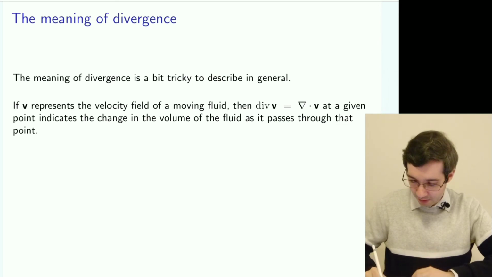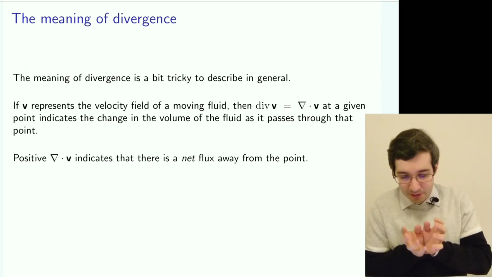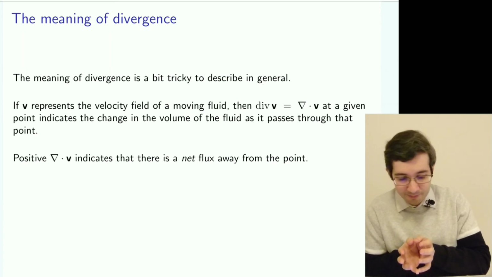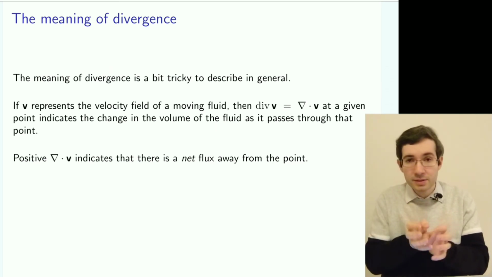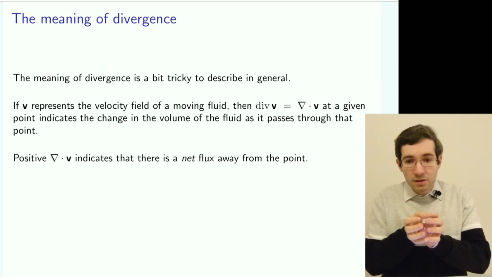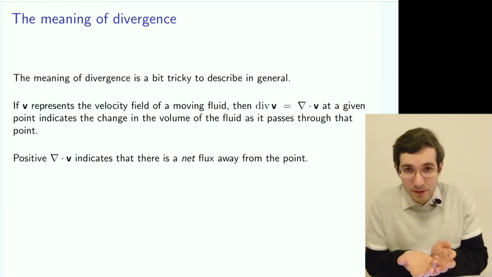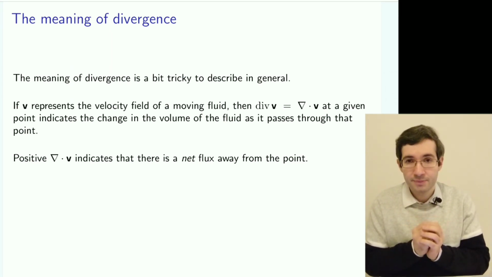And what you can find is that when the divergence of this velocity field in the moving fluid is positive locally, in a small region, it means that this volume locally increases. So there is some net flux, something generating that flow locally, so some source of flow.